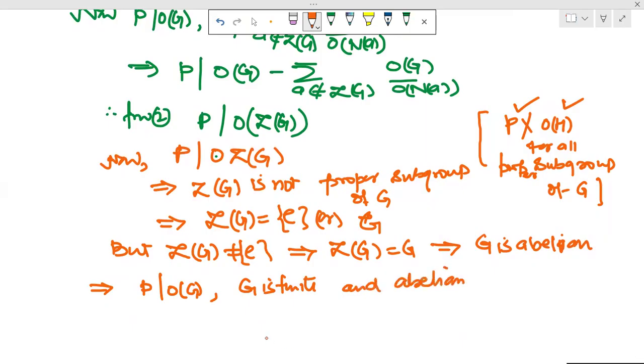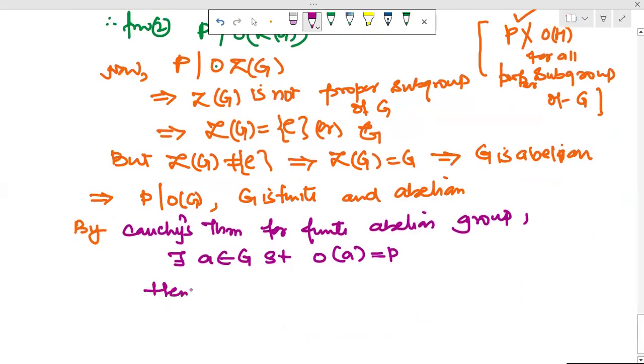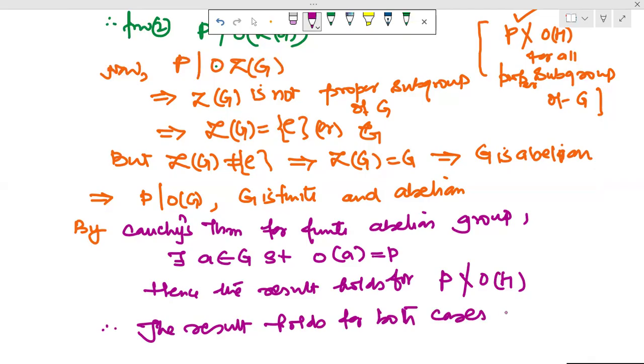So we are using Cauchy's theorem for finite abelian groups: there exists a belonging to G such that order of a is equal to P. Hence the result holds for P does not divide order of H. Therefore the result holds for both the cases, case 1 and case 2.